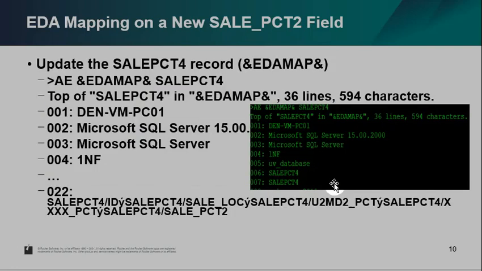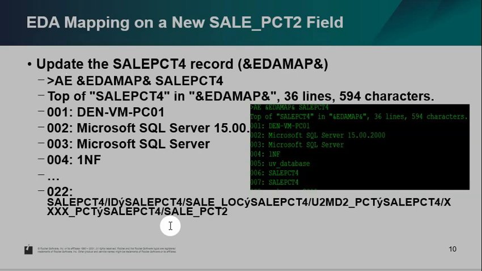But after you save it, we actually store the record called sales PCT schema record in the underscore ampersand EDA map ampersand schema file. So you can use AE, then the ampersand EDA map ampersand sales PCT4, to look at the schema setting.